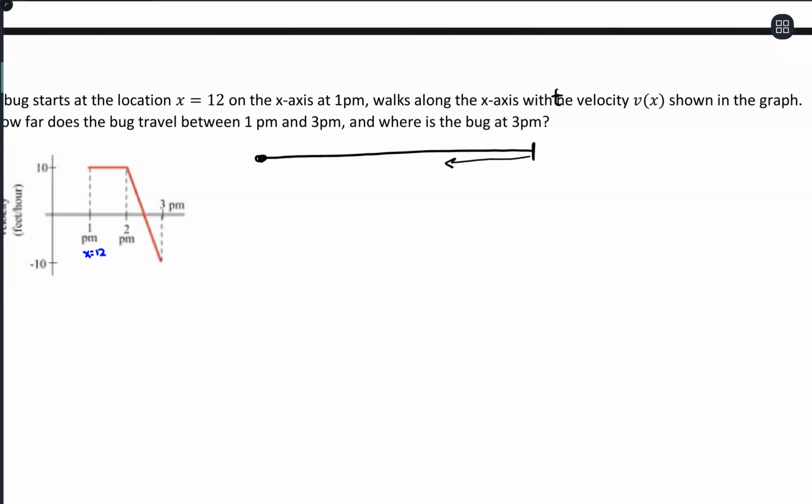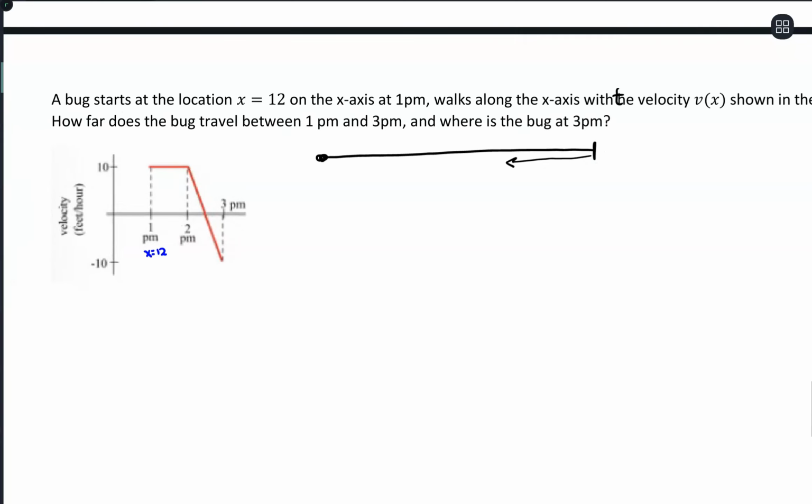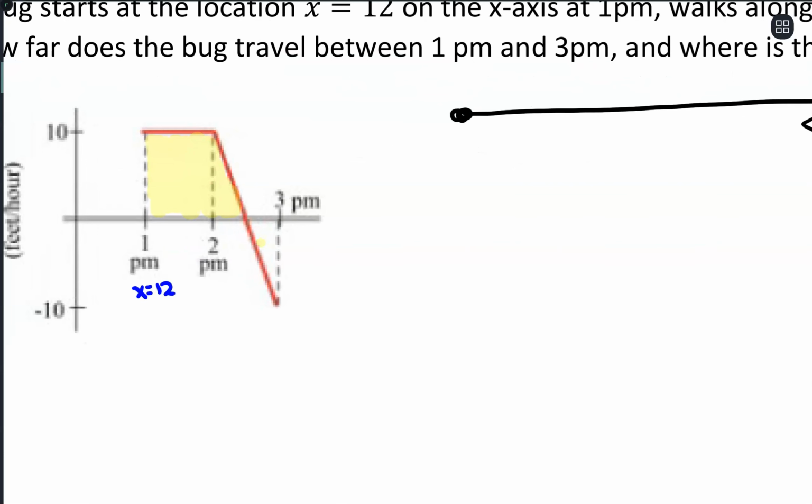So in terms of total distance traveled, how far does the bug travel between 1 and 3 p.m.? We have this distance going forward and this distance going backward. So that's going to represent the total area under the curve. Now, this is the first time we're seeing this area that's underneath the x-axis, and in terms of integrals, we're going to treat that as a negative value.